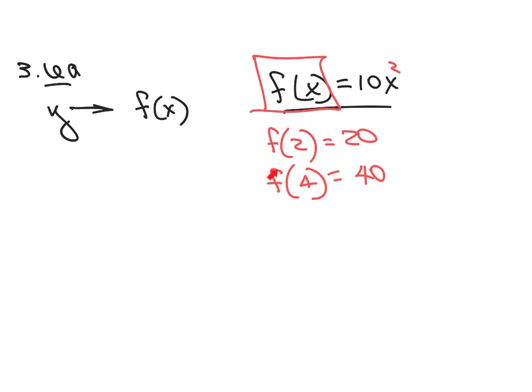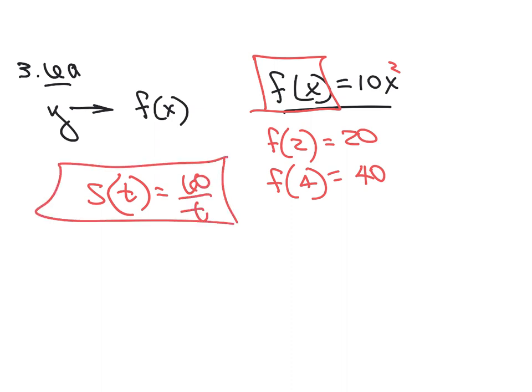So this is just another way of writing y, but telling you what number is going to be put in for x to give you that y value. So if we were to look at any type of notation, it doesn't even have to be an f. It could be s of t equals 60 over t.